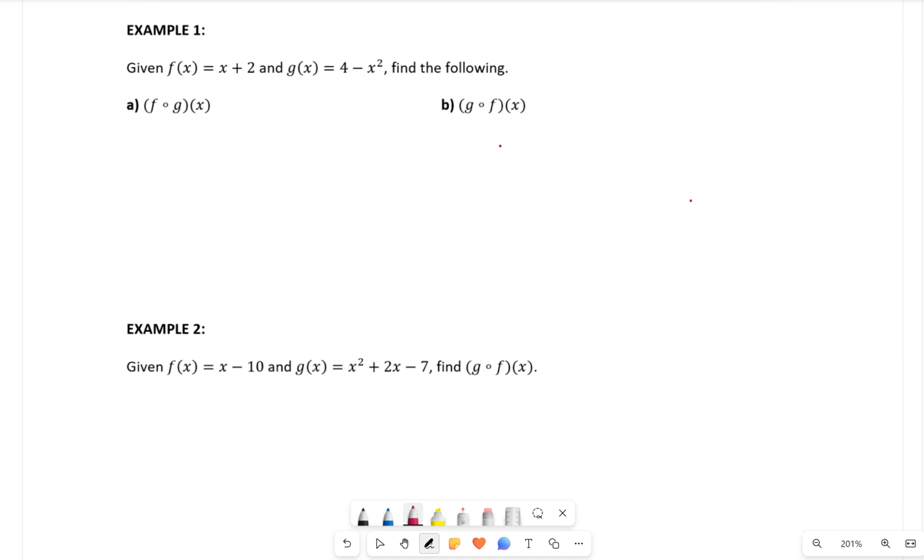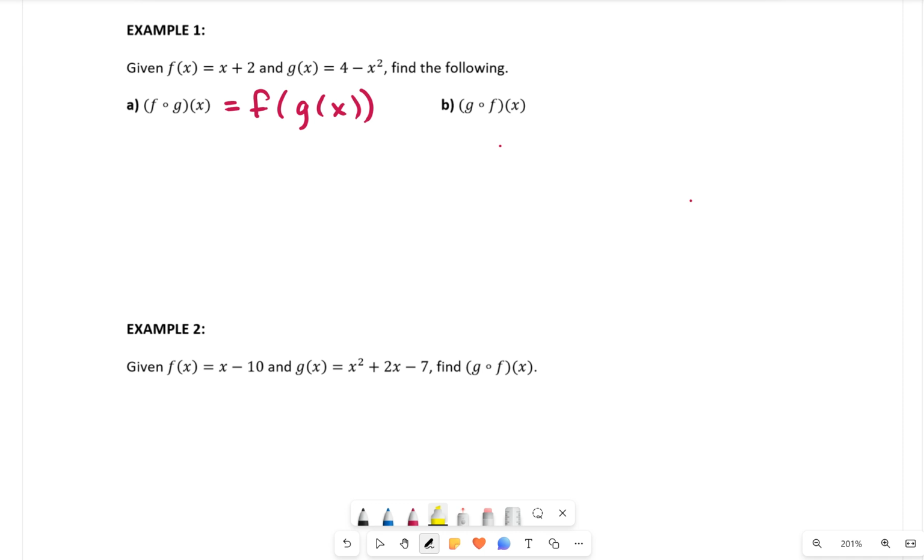First, find the f composition of g of x. Let's rewrite it into what you are more accustomed to seeing, function notation. So f of g of x is equivalent to f composed with g of x. Notice that the lettering does not change the order: the f, the g, then the x, you're just writing them with parentheses.